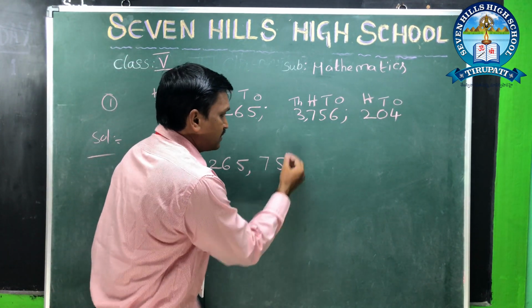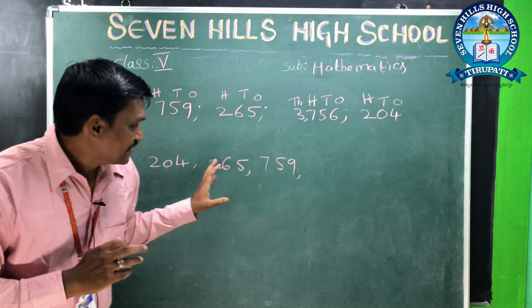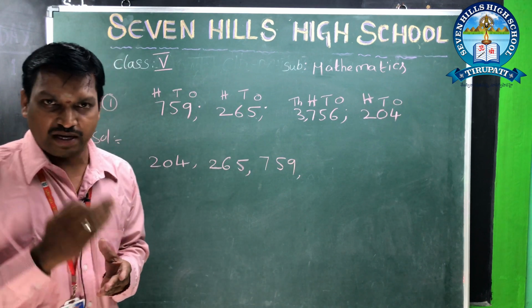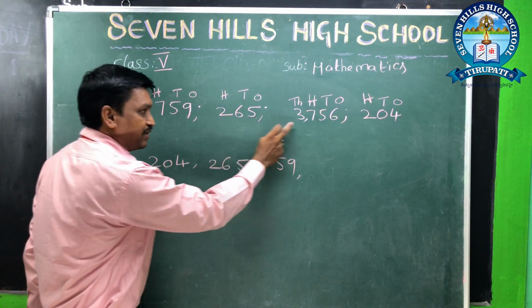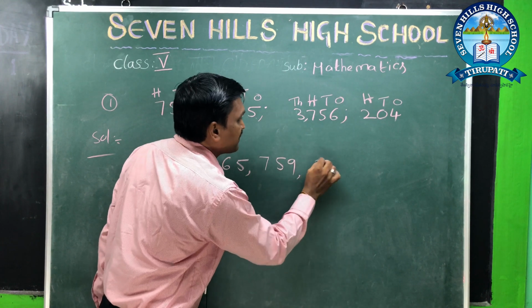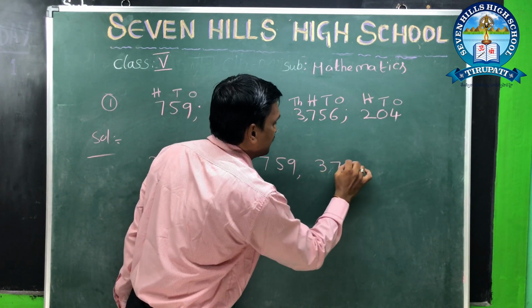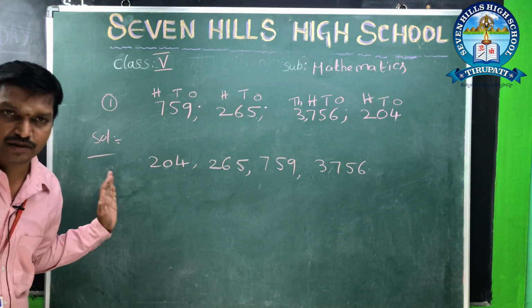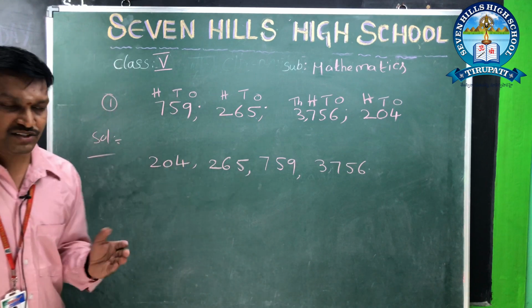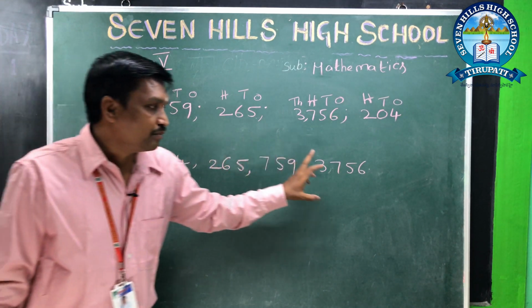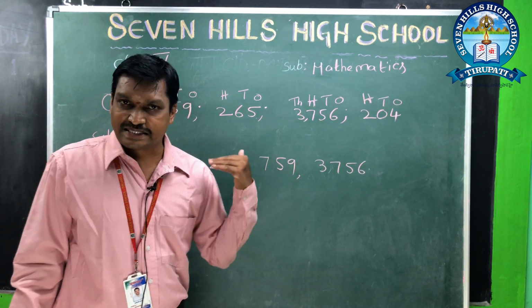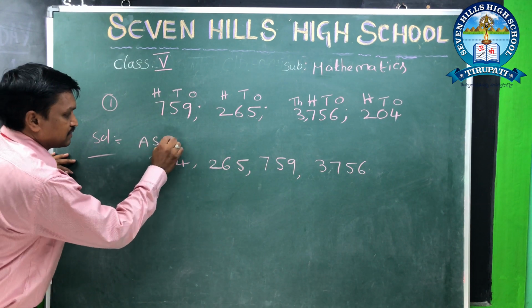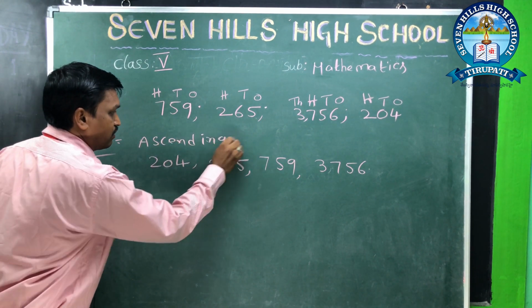Next the biggest number: observe, students, these are all hundreds place numbers, but the remaining number is in thousands, that means 3756. This is the process for ascending order. We arrange from the smallest number to the biggest number.